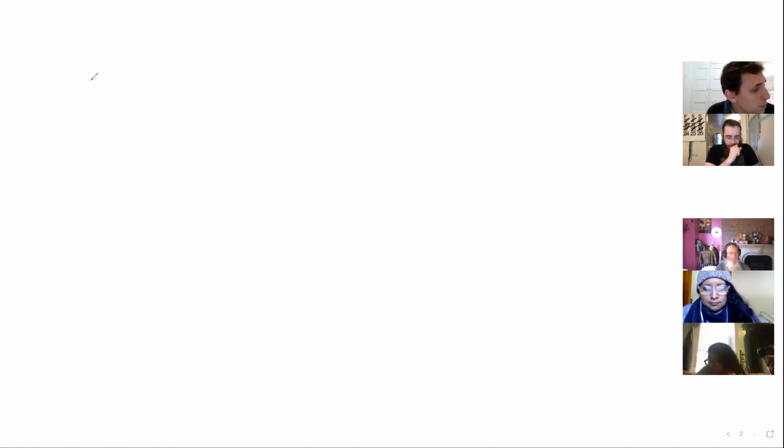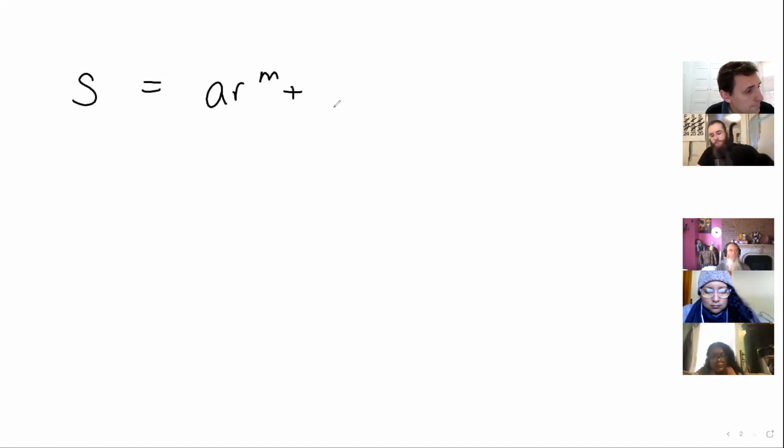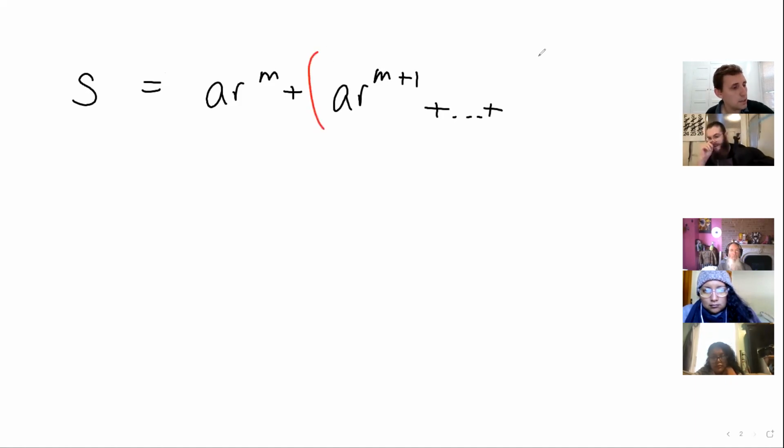So you can say, suppose that you're going to get something. So that something is S. Now, what's an easy trick that you can use here? You can see that if I put parentheses in here, what's in the red parentheses is essentially the same as the initial sum.